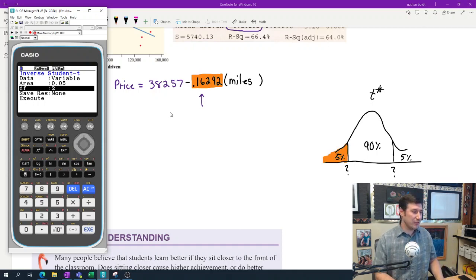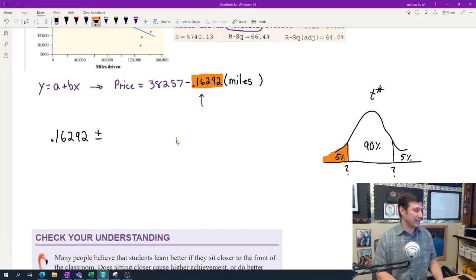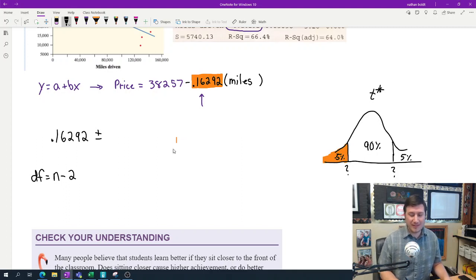How many degrees of freedom? Let's write that down. So the degrees of freedom in this case, n minus 2. What? Yes, n minus 2 this time. N minus 2.